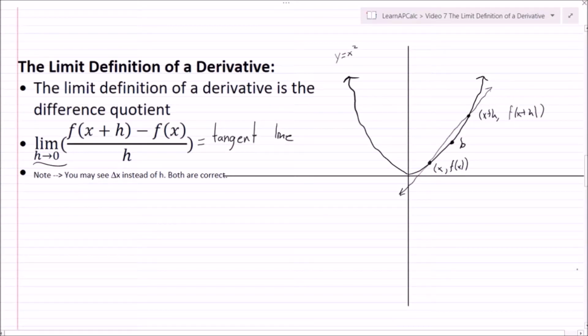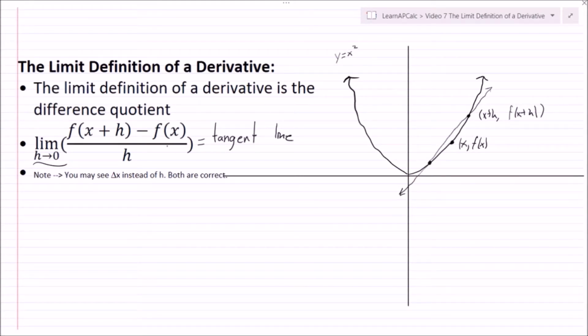And so if I wanted it at b, I'd simply put this coordinate here, and then take the limit as h goes to 0 of the difference quotient. So that's why the limit definition of a derivative works.